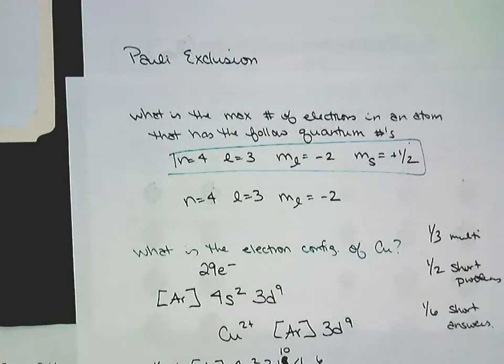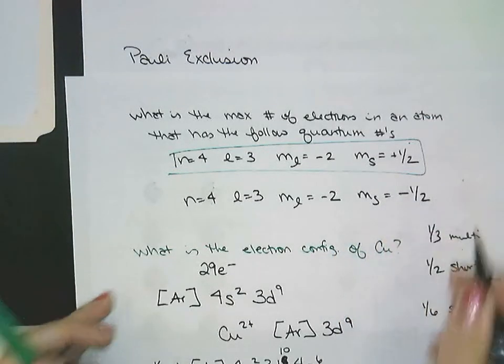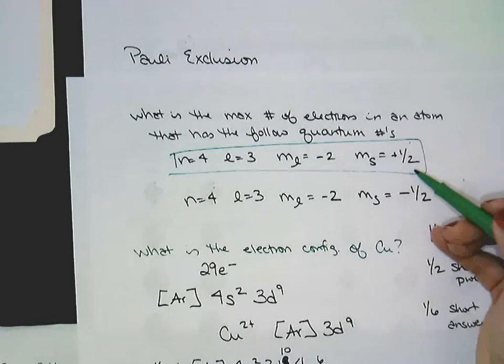And so no other electron in the atom can have that. So another electron in the atom could have n of 4, l of 3, m sub l of -2, but m sub s of -1/2? That would be totally fine. So really, that's Pauli's exclusion rule: every electron has its own spot in the atom.